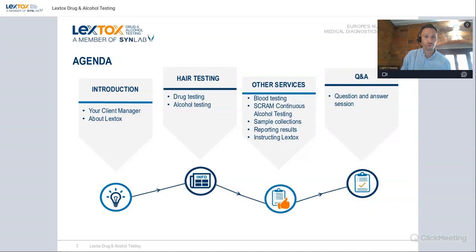Then I'll talk through hair drug testing. I'll talk through the drug testing aspect first of all, and then I'll move on to the alcohol testing, because they're two very different types of tests. Then I'll go through other services that we offer, so blood testing for alcohol markers, SCRAM, continuous alcohol testing, which is a useful way of monitoring alcohol consumption, and then just go through some information about sample collections and reporting results.